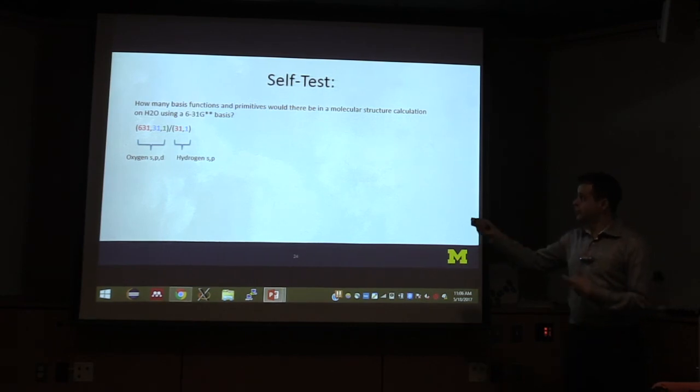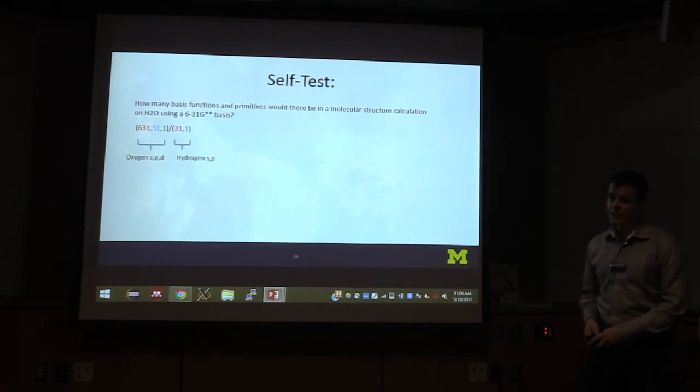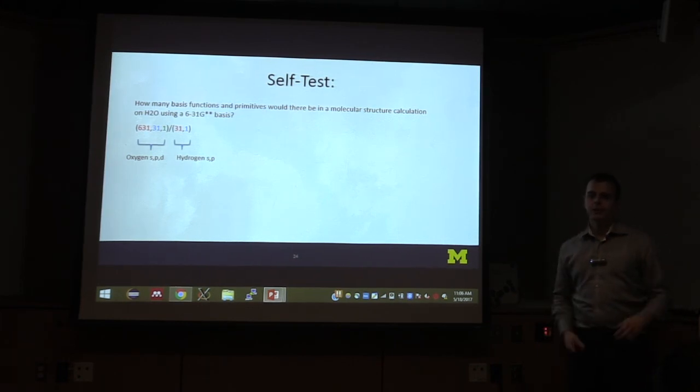So I guess we could go over this example since I have some time. You might want to know, for example, how many basis functions you're using in your electronic structure theory calculation. For example, I know Eric here is working on some machine learning, so he needs to know what the orbitals are.